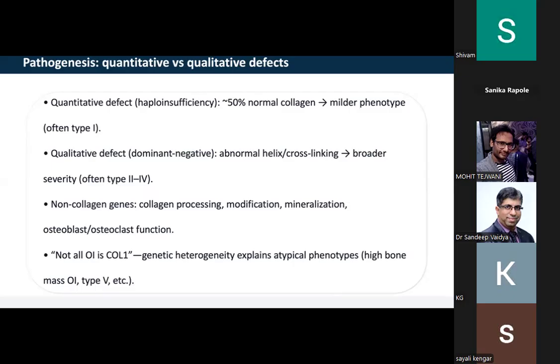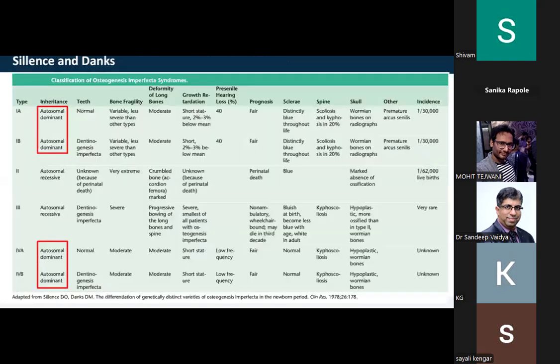Now that we have understood this whole mechanism, we can talk about classification also, because classification is basically mechanism plus severity. The classification that we follow was given way back in 1978, called the Sillence classification. It is the classical clinical framework. It includes type 1 to 4, which have later been expanded, which I'll talk about as well.